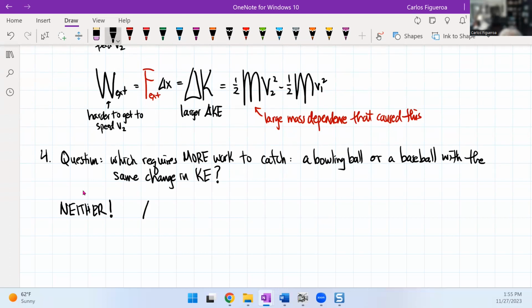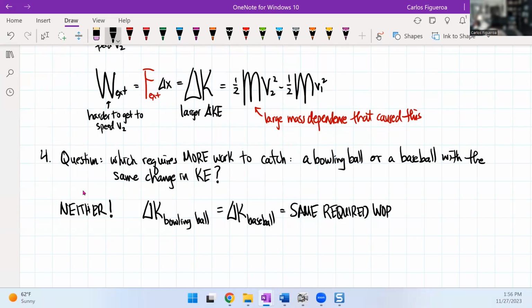Because if I say that the change in kinetic energy of the bowling ball is equal to the change in kinetic energy of the baseball, if these guys are the same, then that means that they have the same required work to stop.